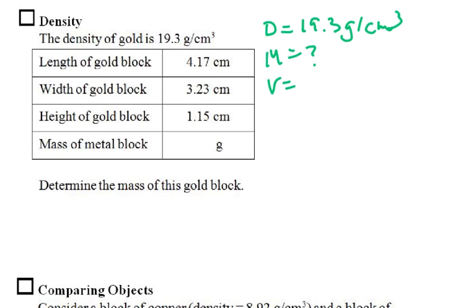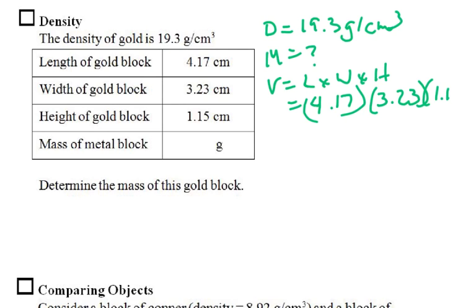So what I need is my volume, and I can see my volume is going to be my length times my width times my height. So this is a good place to deal with this. I get 15.489, and that's centimeters times centimeters times centimeters, so centimeters cubed.